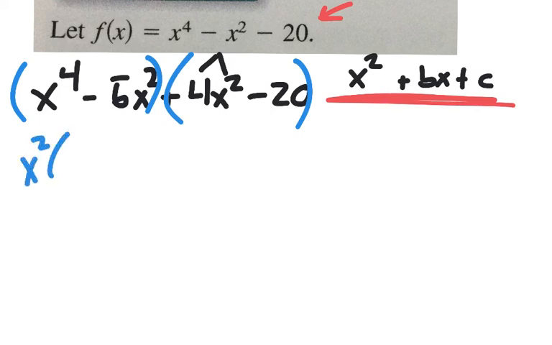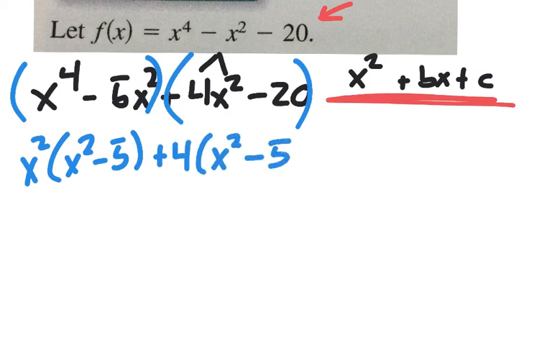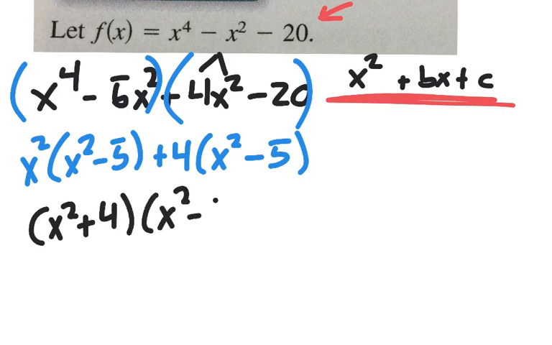I've got x squared, which leaves me with x squared minus 5. Over here I have positive 4, which leaves me with x squared minus 5. So my parentheses match. That means grouping worked. So this factors to be x squared plus 4 times x squared minus 5.